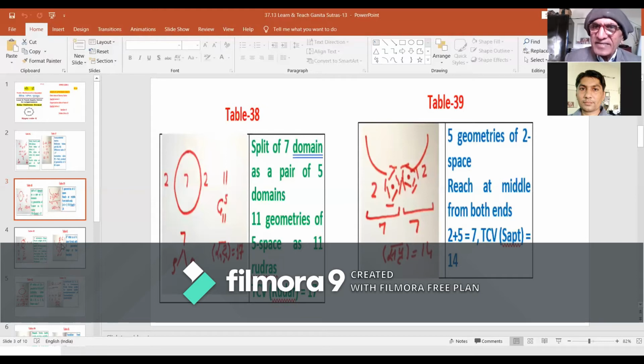So as is depicted here, it will lead to value 7 plus 7 is 14. However, we know that the value of the fourth letter is 7. 7 means Sapt. The simple rendering of formulation Sapt is 7, while the TC value of formulation Sapt is 14.